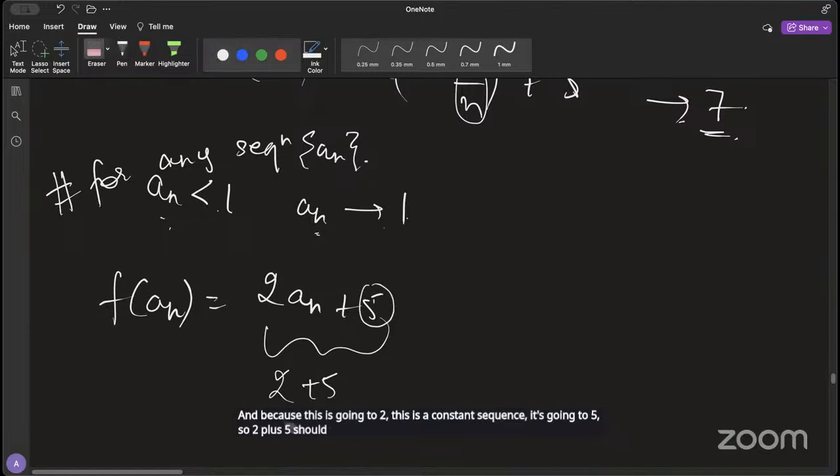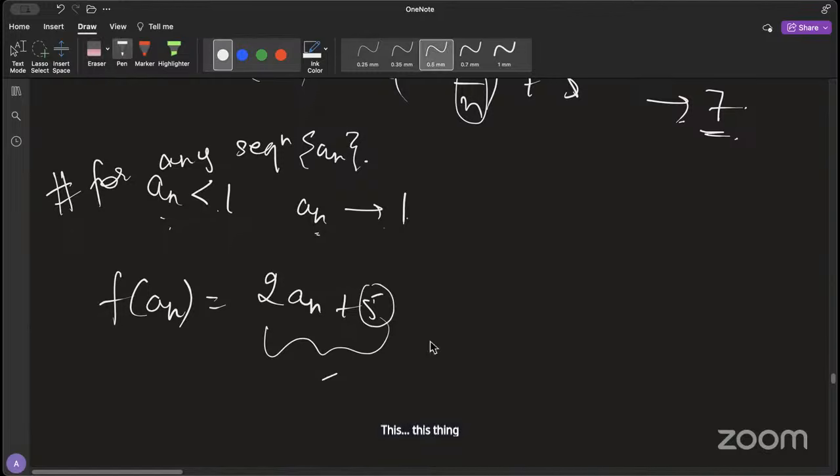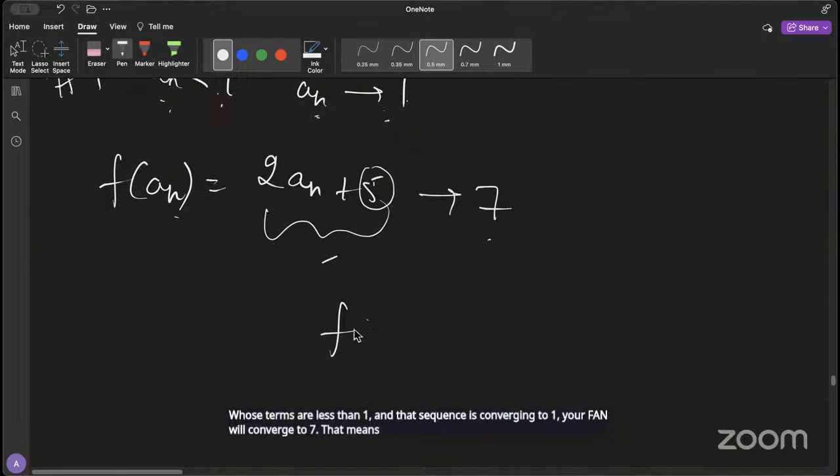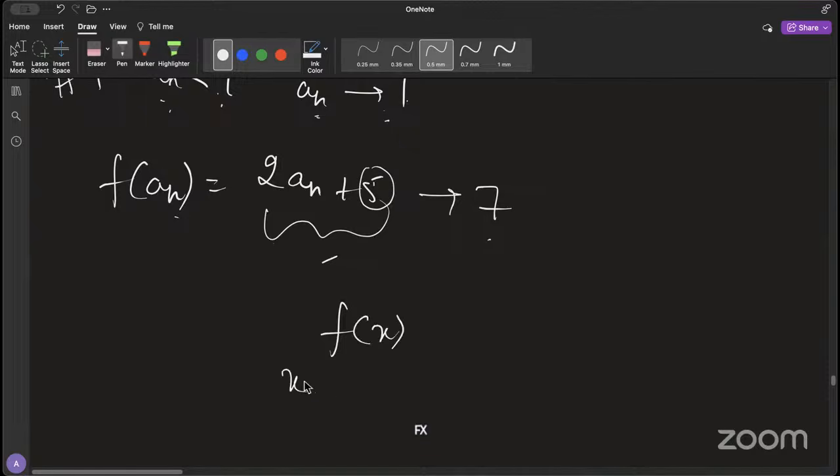So 2 plus 5 goes to 7. For any sequence whose terms are less than 1 and that converges to 1, f(a_n) converges to 7. That means the limit of f(x) as x tends to a from the left-hand side is 7, because for any sequence that converges to a from the left-hand side, the limit of f is 7.